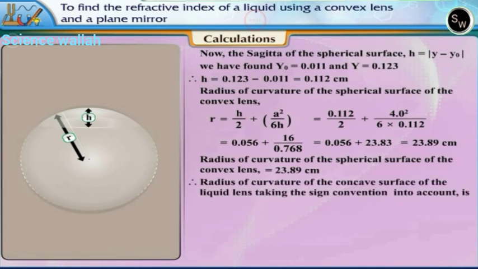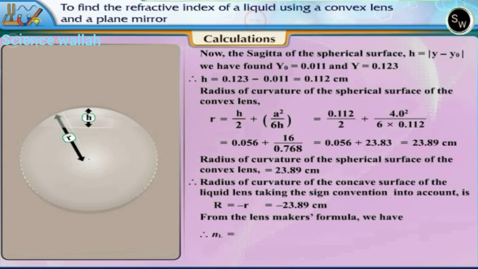Therefore, radius of curvature of the concave surface of the liquid lens, taking the sign convention into account, is R is equal to minus 23.89 centimeter. From the lens maker's formula, we have, therefore, NL is equal to 1 plus R upon f2.